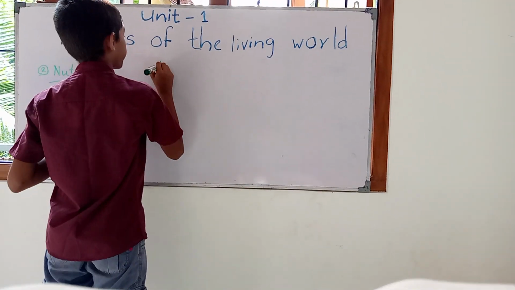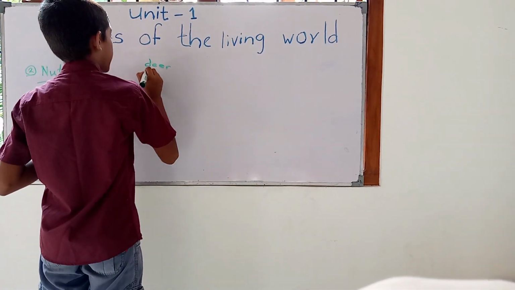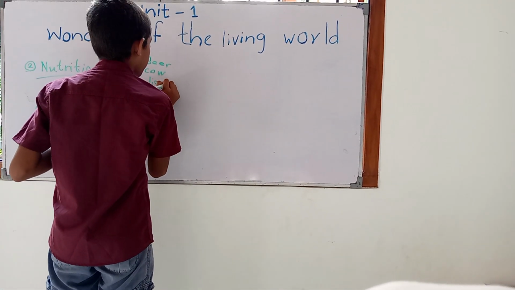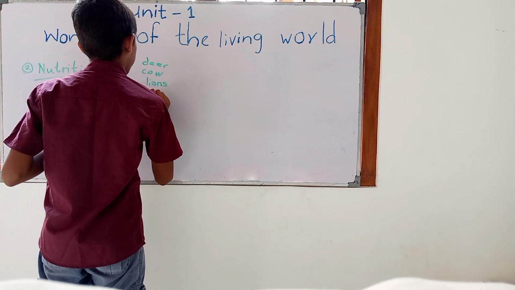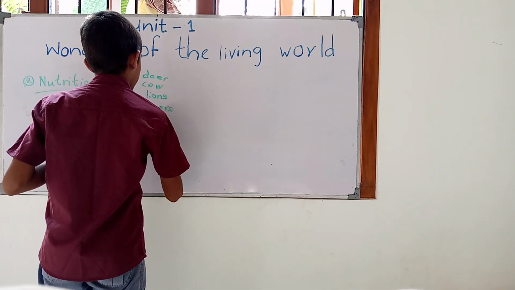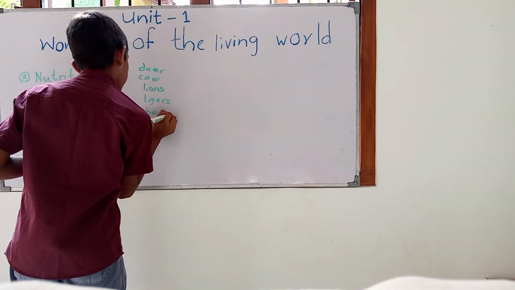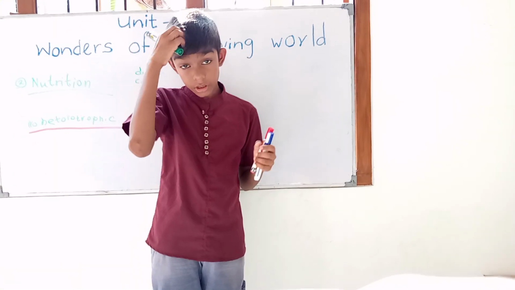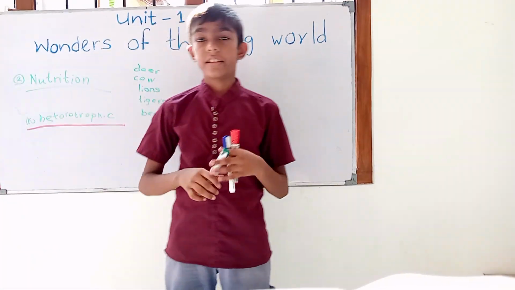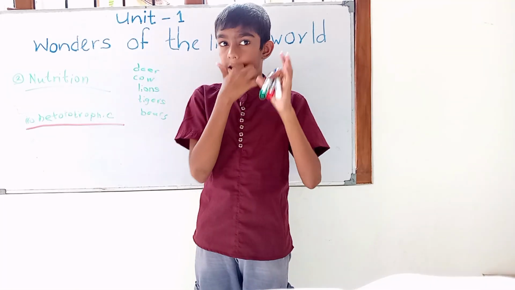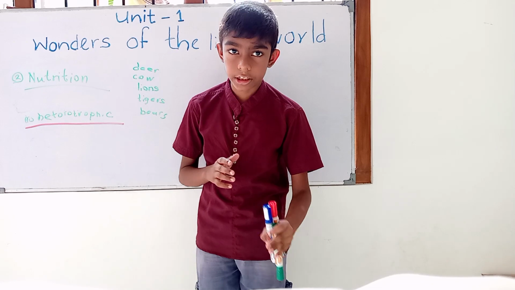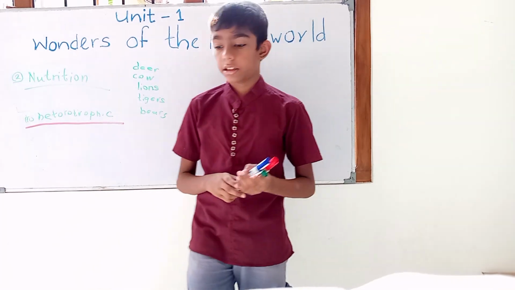Examples: deer, cows, lions, tigers, and bears. Or humans, they can depend on plants directly or indirectly.